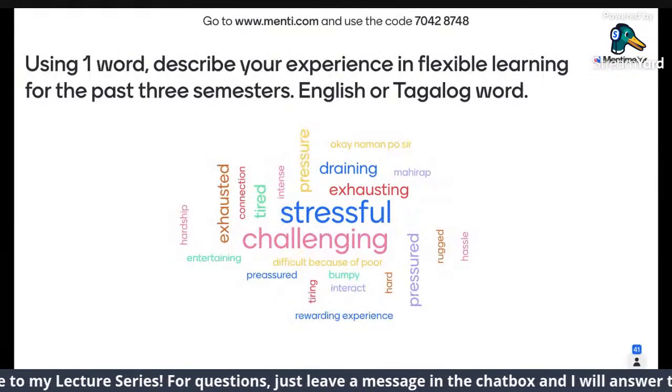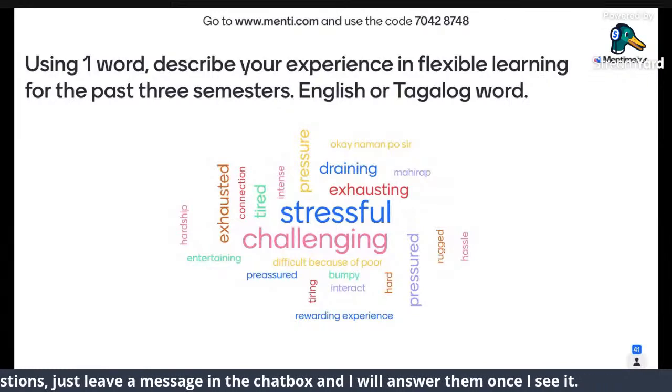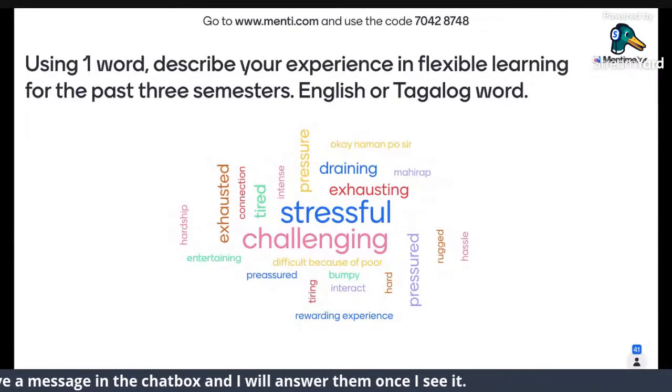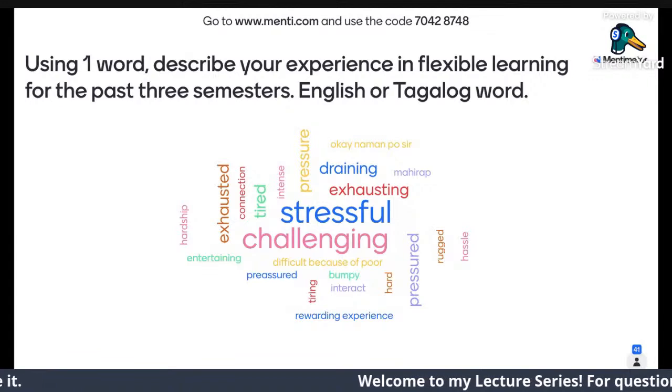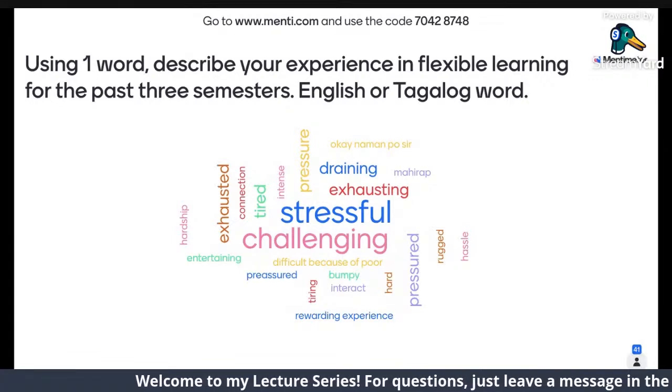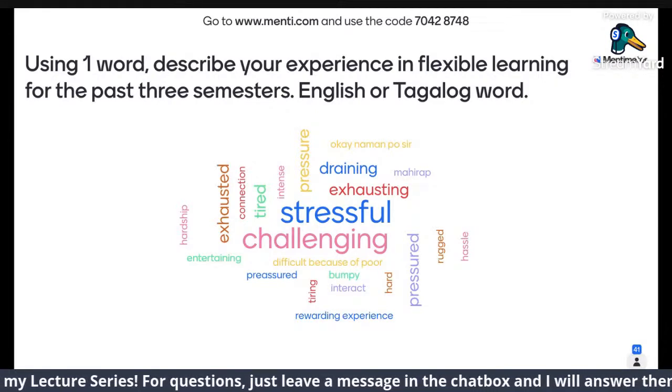This could be a very good learning experience for you, because especially for you guys, dahil kayo ay magiging teacher in the future. So if this thing happens again, God forbid, then you already know what to expect, and you are already equipped with the skills in this type of setup.